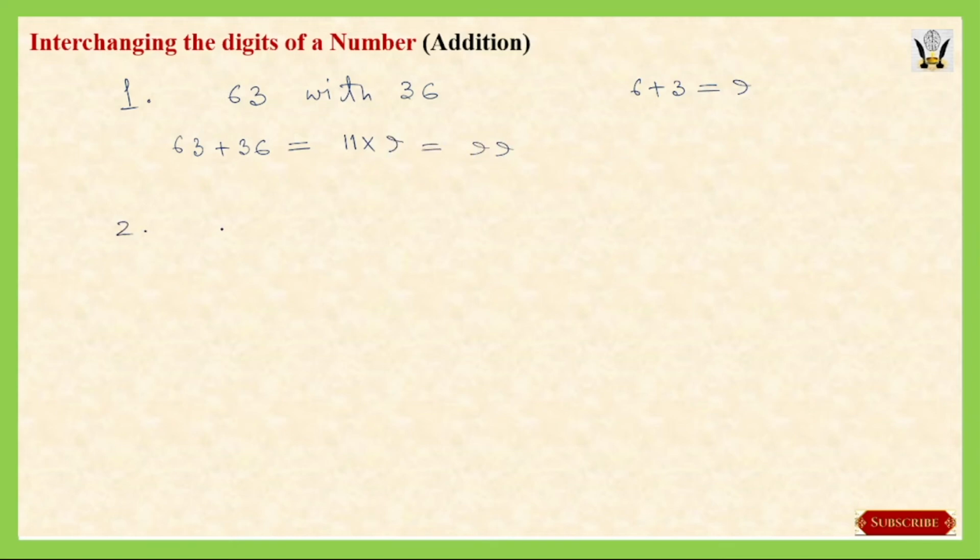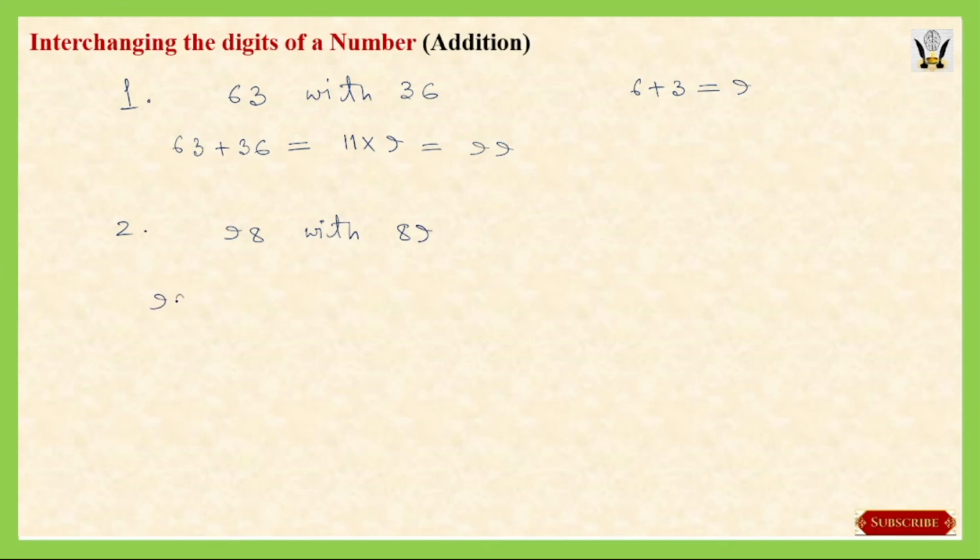Now let's take another example. Suppose we have one number 98, and when we add that with another number which is 89, we want to know what will be the result of addition without performing the addition.